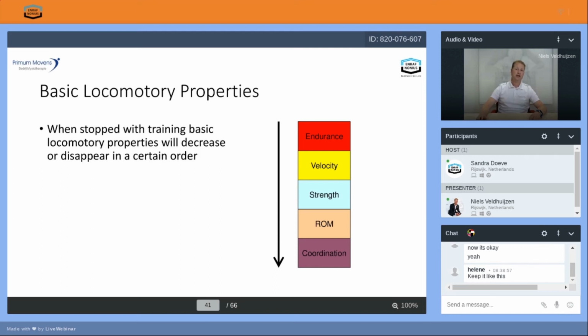The second thing that returns is the range of motion. Not completely, so it's not like an on-off principle, but it's often smoothly sliding over into each other. The third thing that comes back is strength. Then you get your velocity back, and in the end, at the total end, you get your endurance back again.